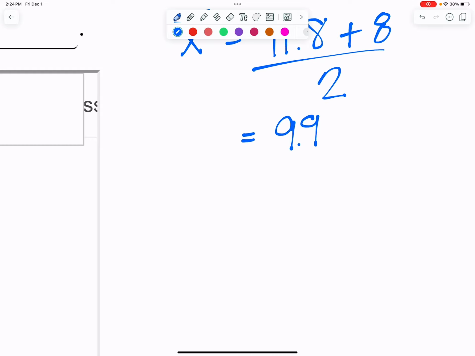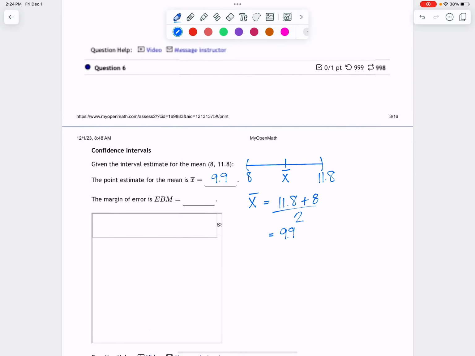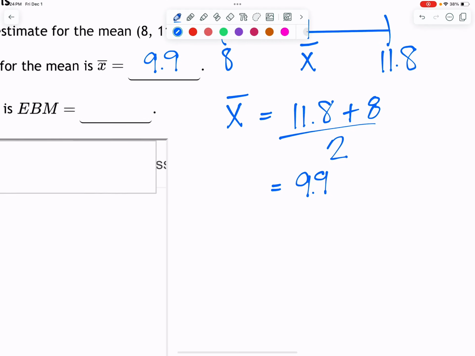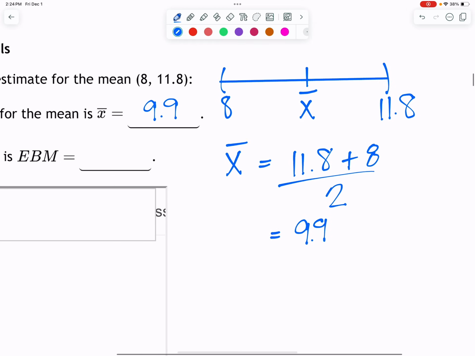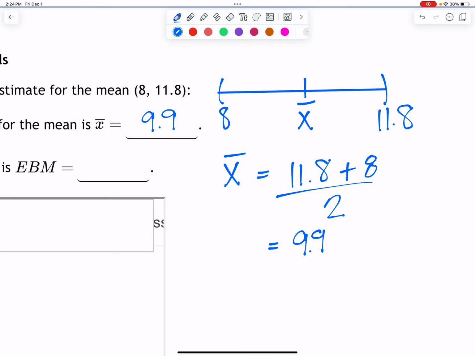If you again go look at your formula, it tells you that the distance from X bar to 8 is the EBM.